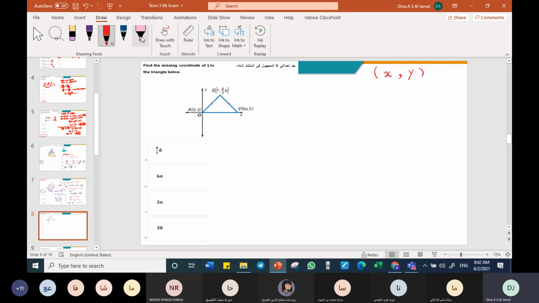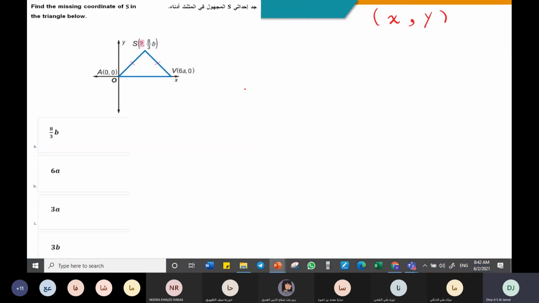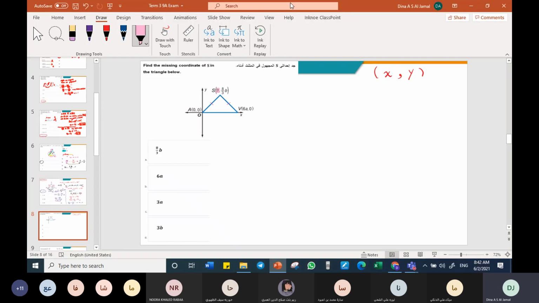Here, he's telling you that one of the coordinates is missing, and as you can see with the question mark, that means your x is the one that is not there. So let's have a look now.